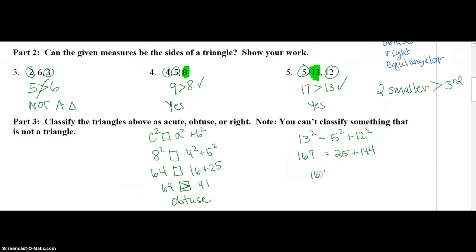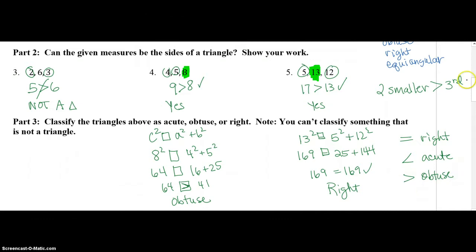And we get 169 equals 169. Okay, and actually, like I said, you could put a box here and fill it in at the end, but we do see that 169 equals 169. This is a right triangle. If it's equal, that means right. If it's less than, that's acute, and if it's greater than, that is obtuse.